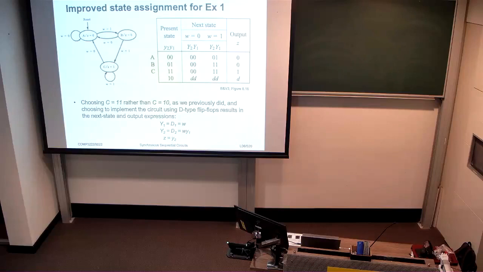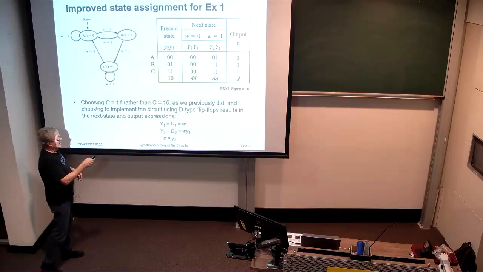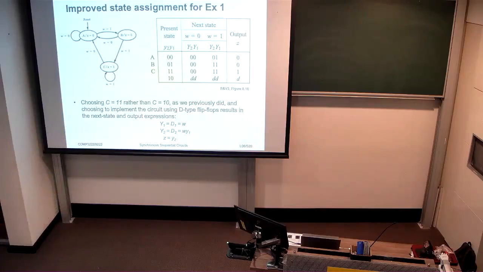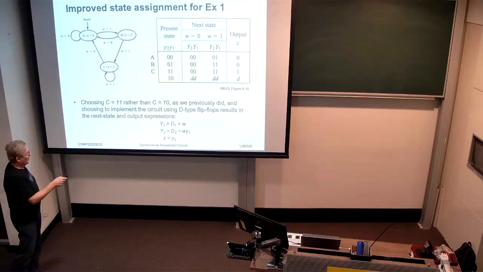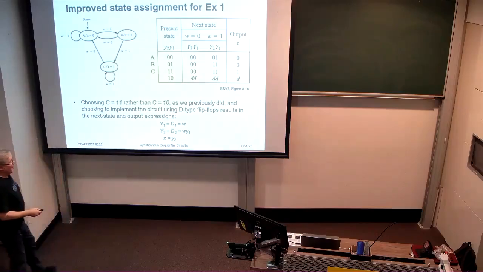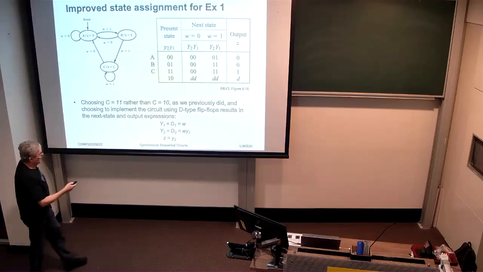For example, this was our state diagram. We then had our state table, but we made the assignment of 1, 0 to state C. If instead we make state C 1, 1 and leave the state variable valuation 1, 0 to be the don't care condition, then that gives us much more opportunity to optimize the logic for our next state derivation.